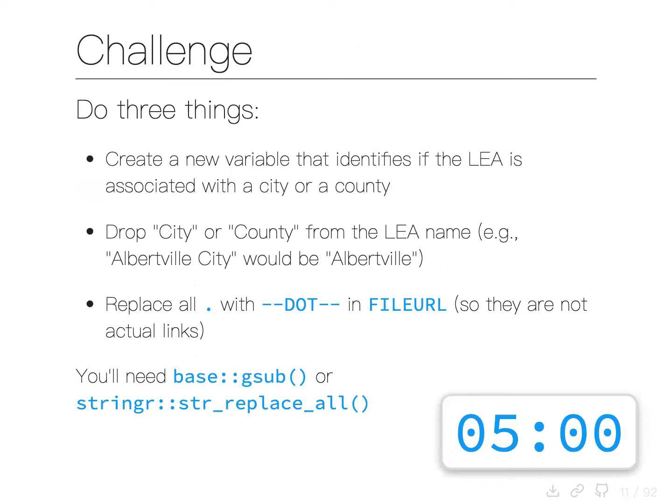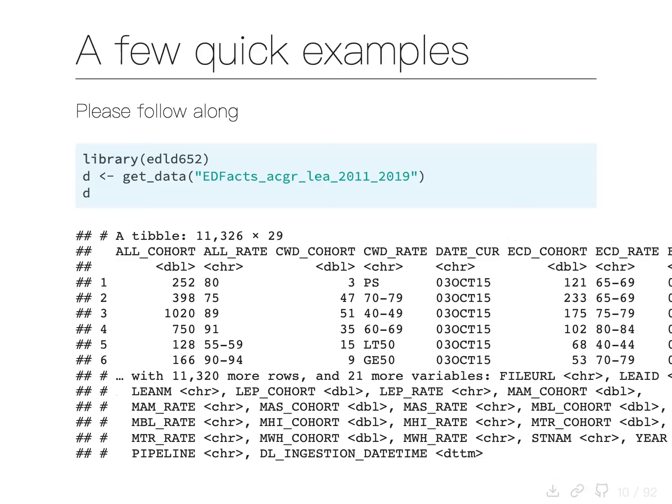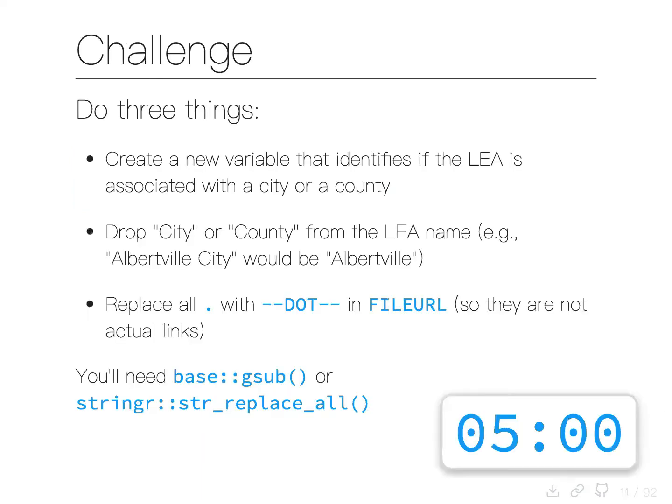First is I would like you to create a new variable in your data set that identifies whether the LEA, the Local Education Agency, is associated with a city or a county, okay? If you look at that variable for the LEA, you'll see that they say something city or they say something county, okay? So just create a new variable that identifies whether it's a city or a county, okay?